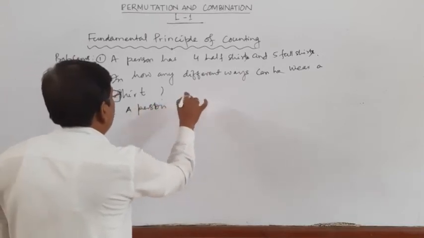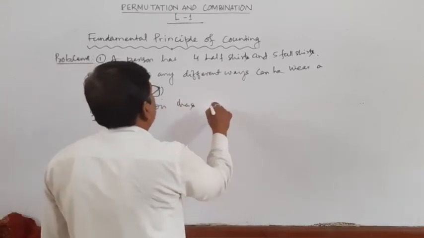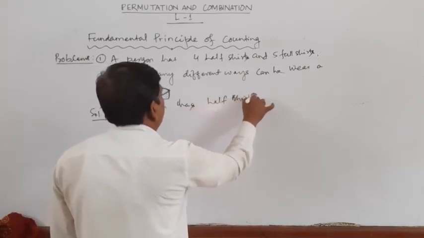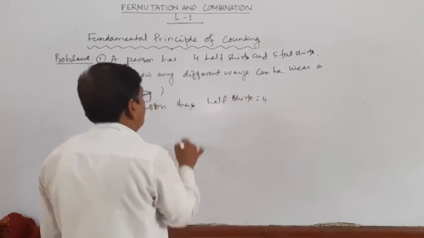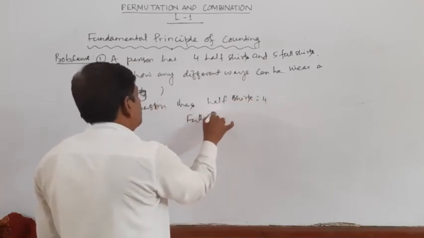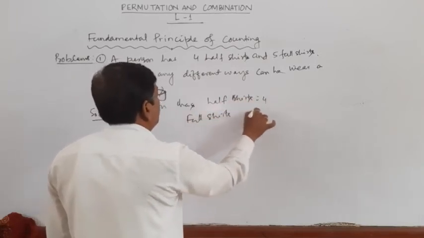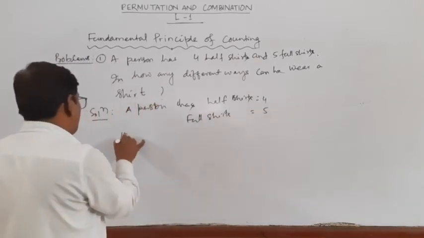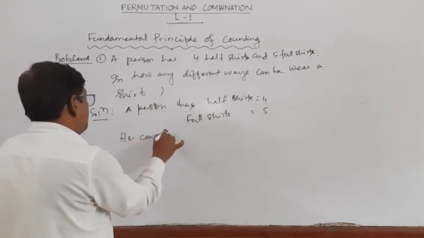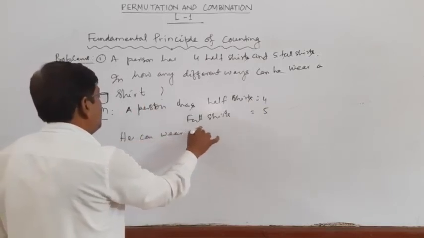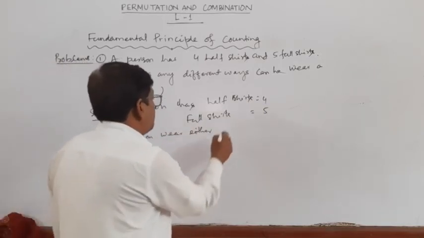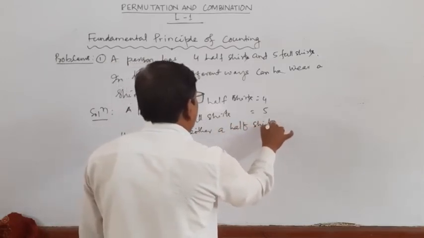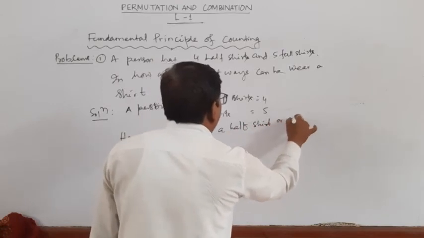Okay, so solution: a person has 4 half shirts and 5 full shirts. He can wear either a half shirt or a full shirt.